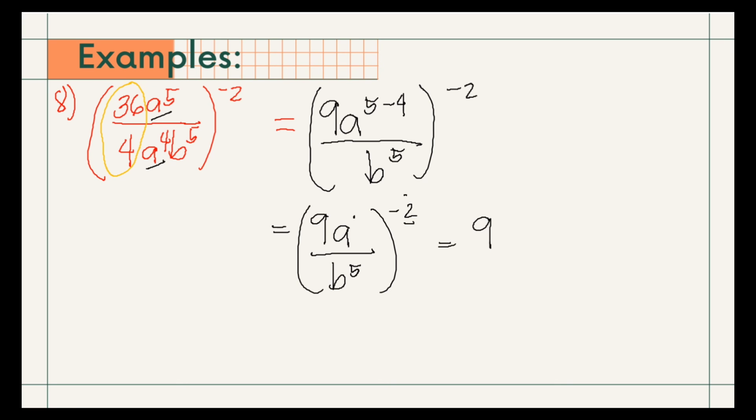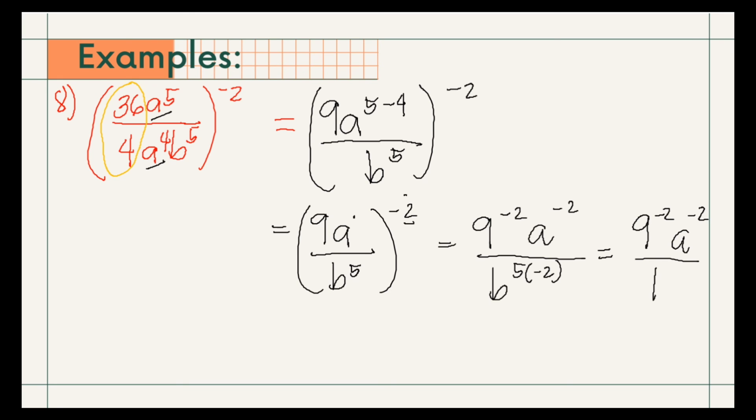So, 9 raised to negative 2, a raised to negative 2 over b raised to 5 times negative 2, which is negative 10. Again, lahat ng numerator na may negative exponent, ililipat natin sa denominator. And then, lahat ng denominator na may negative exponent, para maging positive ang exponent niya, ililipat natin sa numerator naman.